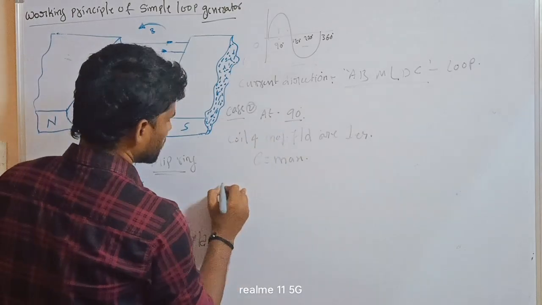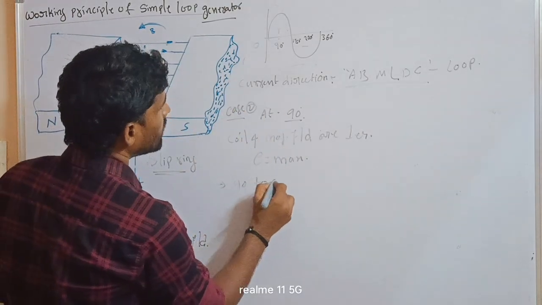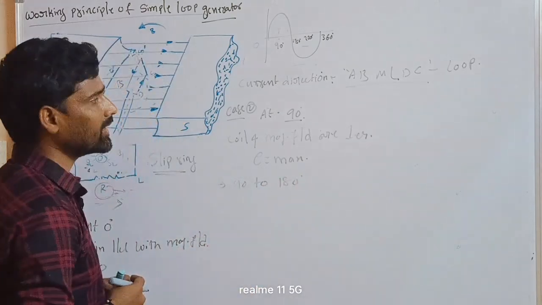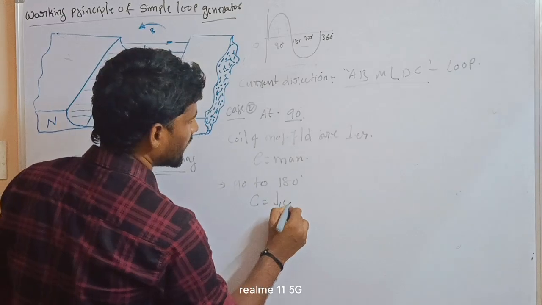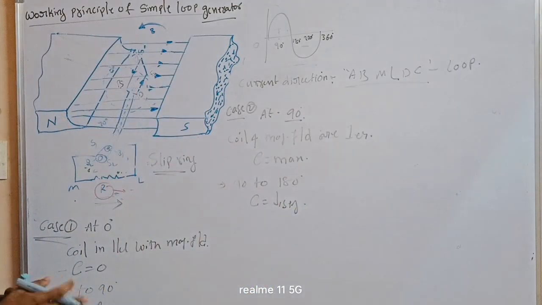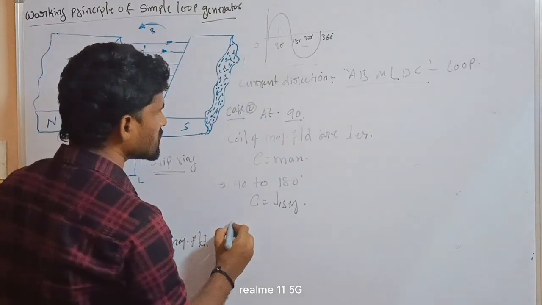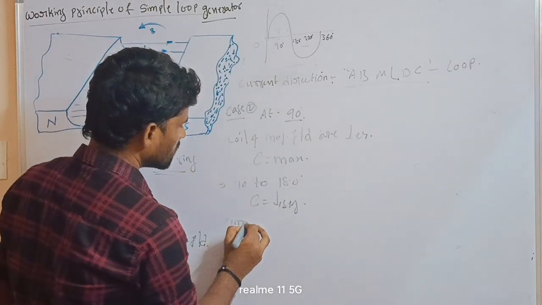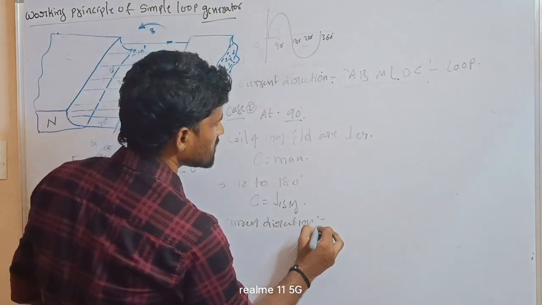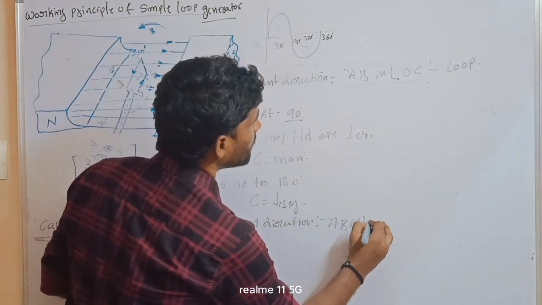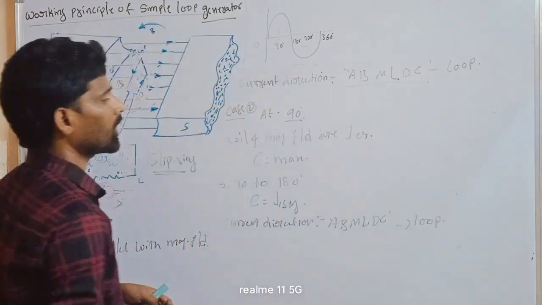Then from 90 to 180 degrees, the induced EMF is decreasing. The current direction is never changed; the loop direction is also the same, A, B, M, L, D, C. No change.